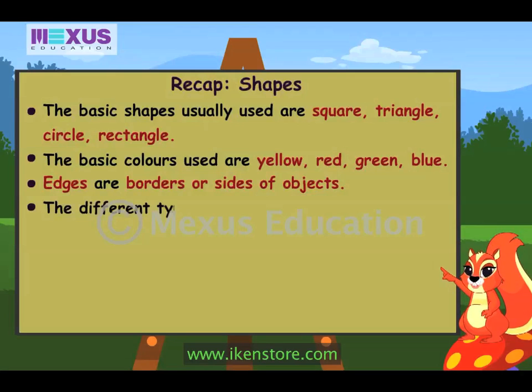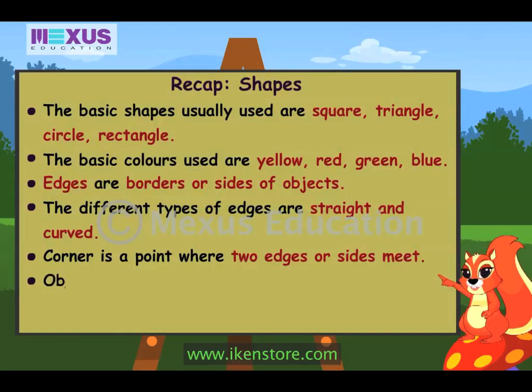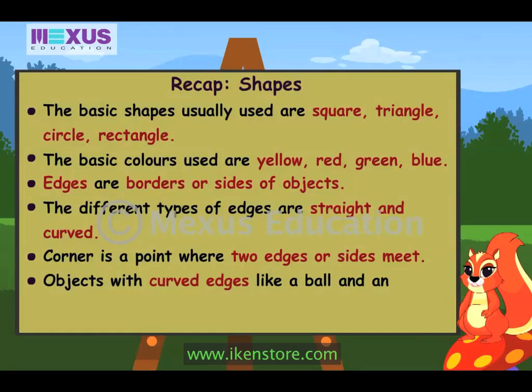The different types of edges are straight and curved. Corner is a point where two edges or sides meet. Objects with curved edges like a ball and an egg do not have corners.